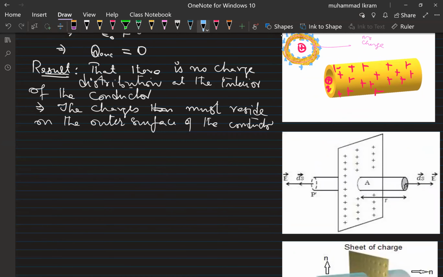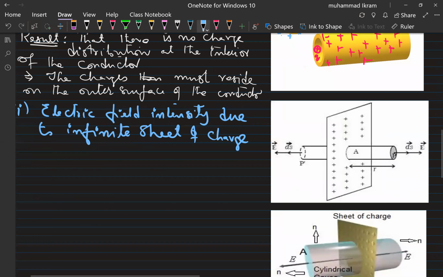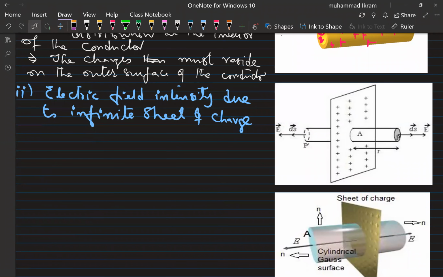Number two, electric field intensity due to an infinite sheet of charge. Now, again, we will be using the Gauss law, right? By using Gauss law.